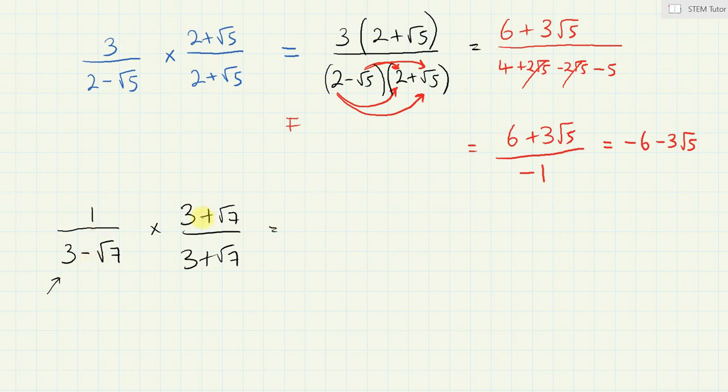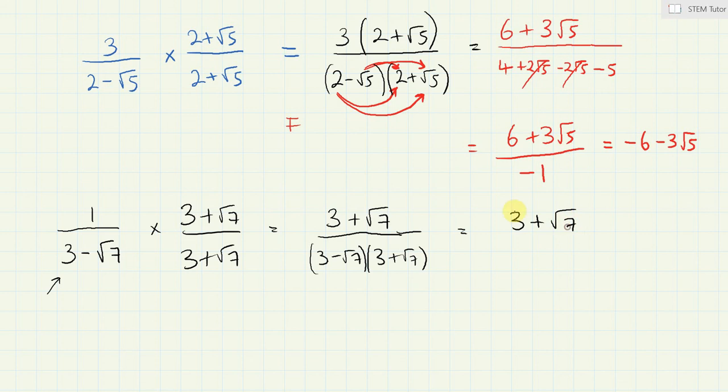So 1 multiplied by this means it remains the same. And for the denominator, we'd have 3 minus root 7 multiplied by 3 plus root 7. The numerator remains the same again, it doesn't actually change.